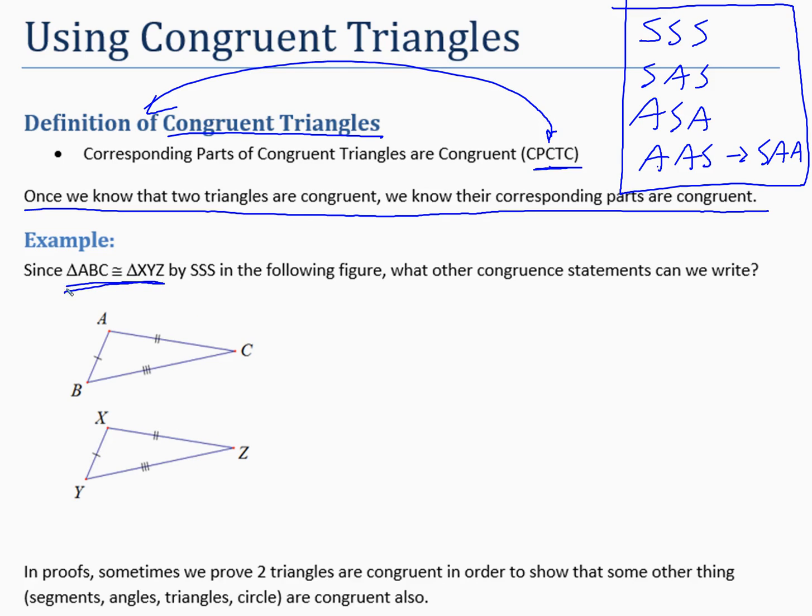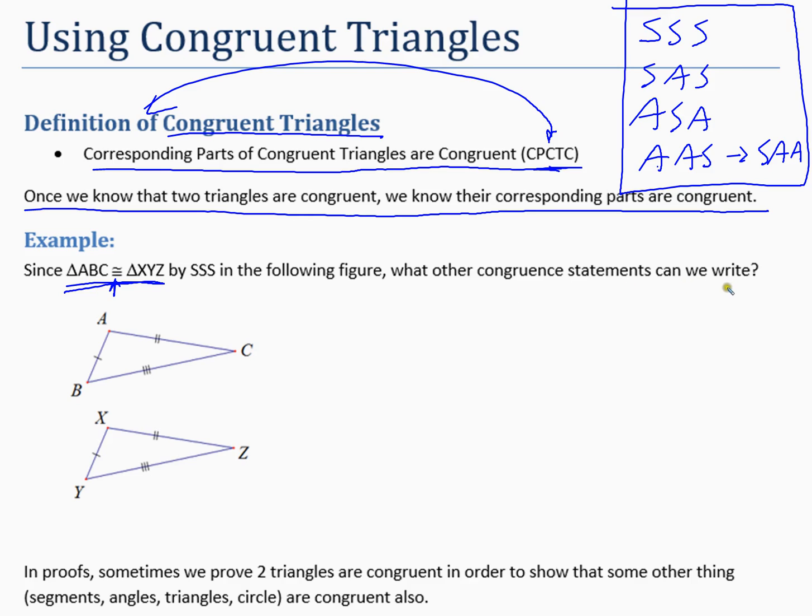What other congruent statements can we write? Now that we know the triangles are congruent, we know that corresponding parts of congruent triangles are congruent. So we can write other things that are congruent. Besides the 3 sides, there are 3 angles.